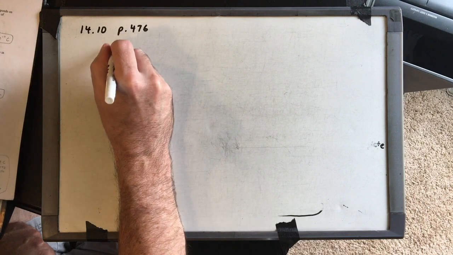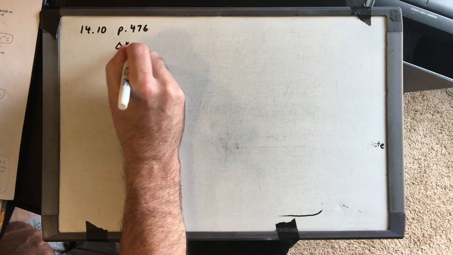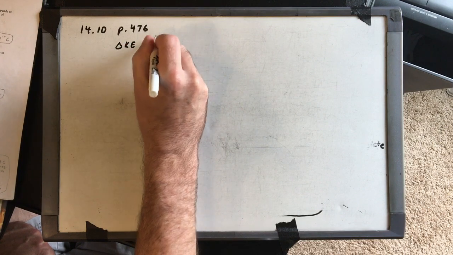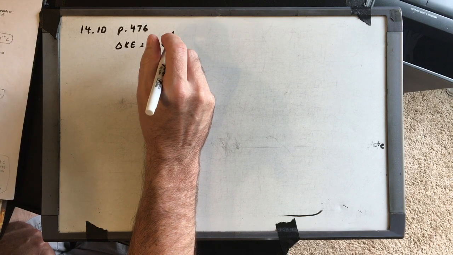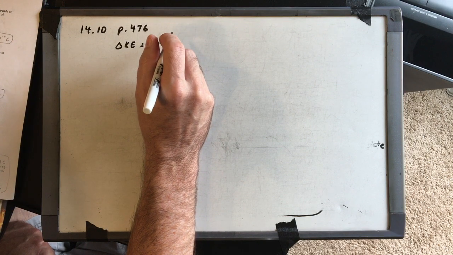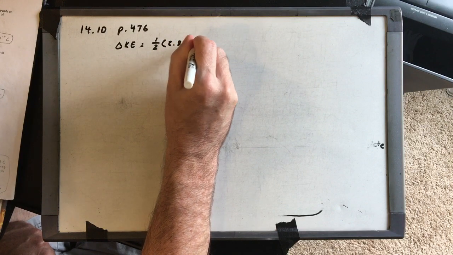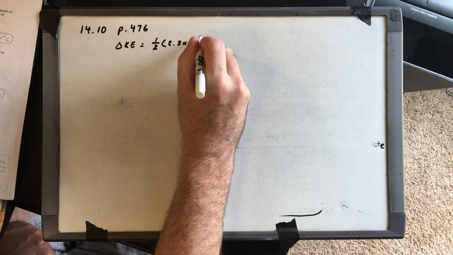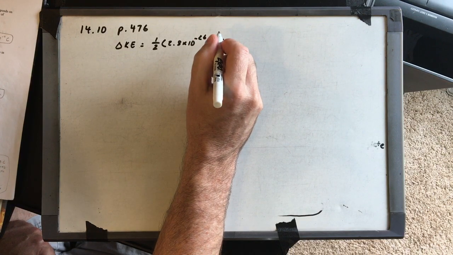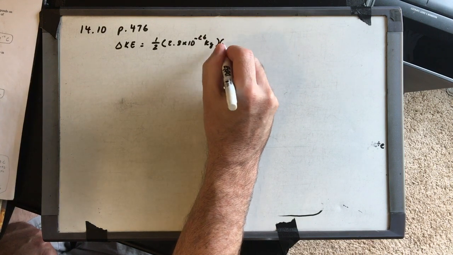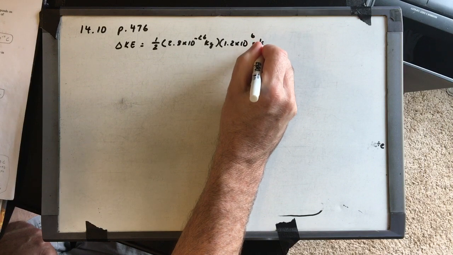Okay, this time, one clue to how to solve this problem is that you've been given a velocity. And in this chapter, the only thing that we need velocity for is to calculate kinetic energy. So kinetic energy is 1/2 times the mass, which the mass of this ammonium ion is 2.8 times 10 to the minus 26 kilograms, times the velocity squared, and the velocity is 1.2 times 10 to the 6th meters per second.